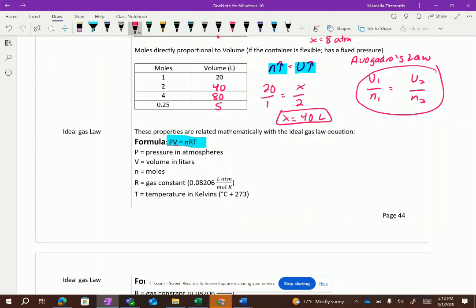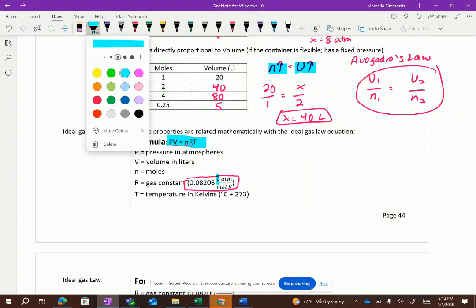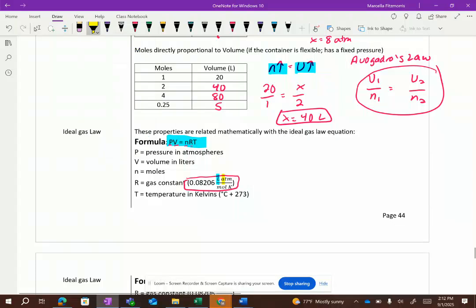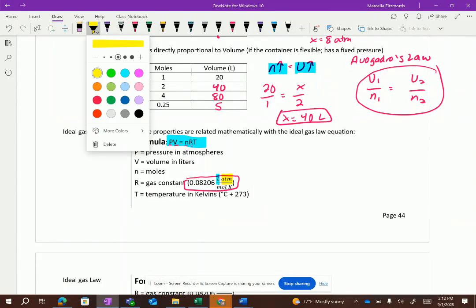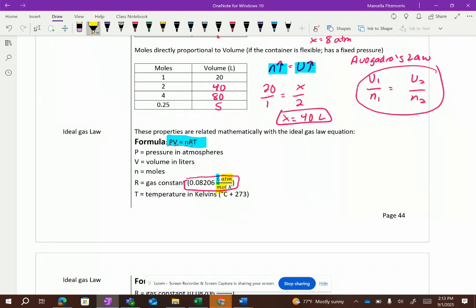Temperature, K, my temperature has to be in Kelvin. In order to get Kelvin, you add 273 to the degrees Celsius. I must be in these units to be able to use this gas constant. Now, there are other versions of the gas constant that use different units, and if you're given that, you would use different units. But the one we have here is the one that's normally used, and this is the one that will be used on the AP test. Okay.